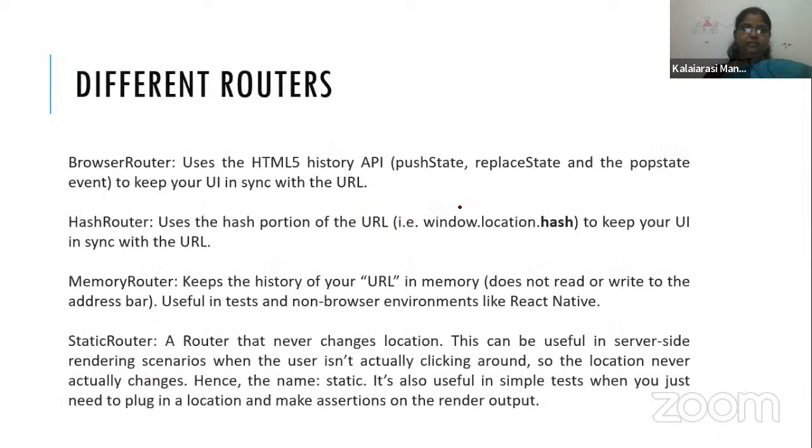You can see that there are different routers. One is browser router, right? The other is hash router, and the other is memory router. The next is static router. Apart from these, the programmers who invented React Router or the ReactJS library itself have given many other routers also.